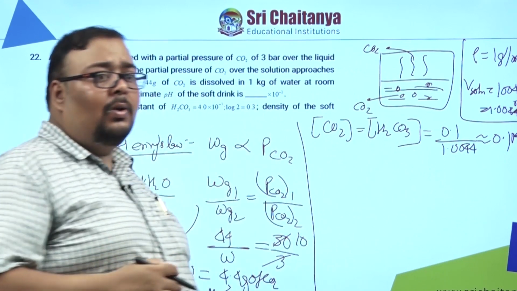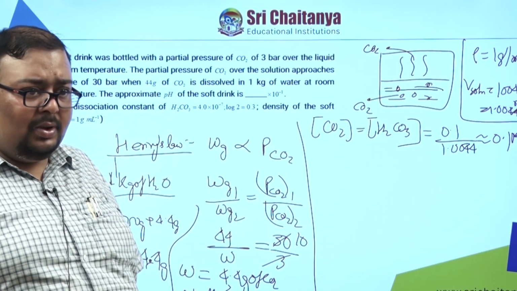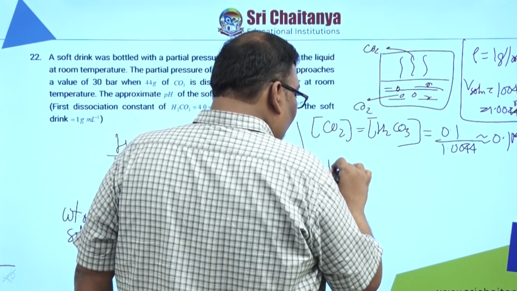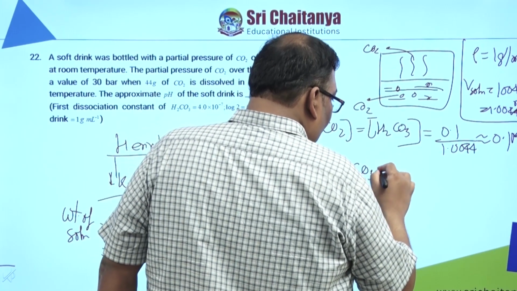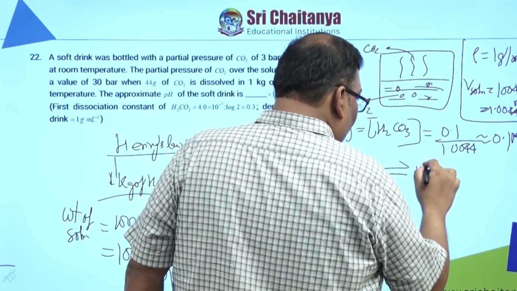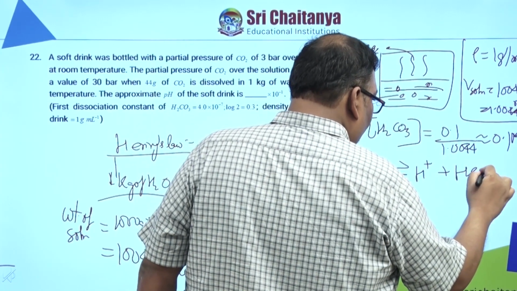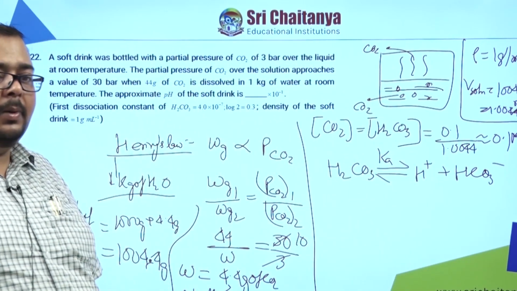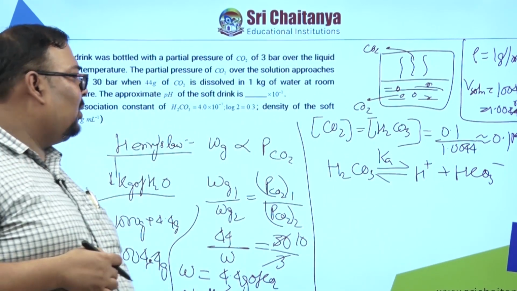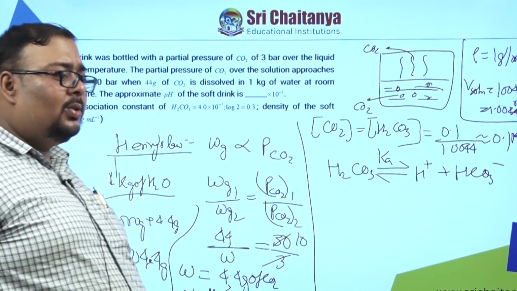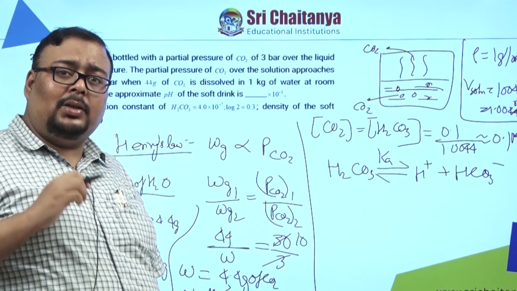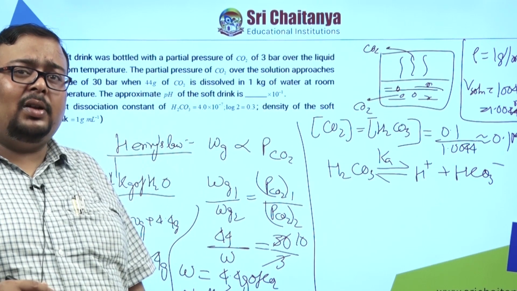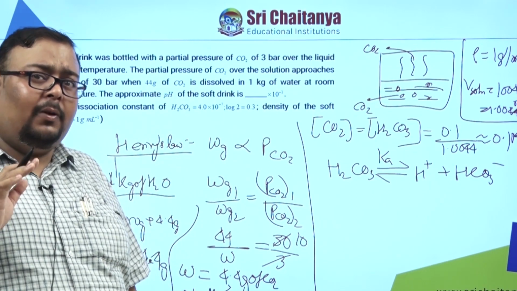Now we know the concentration of the acid H2CO3. In aqueous solution, H2CO3 will dissociate as per this equation: H2CO3 giving H plus and HCO3 minus, and the acid dissociation constant for this step is Ka1. Now it is a polyprotic acid, but they have only given the first dissociation constant, which is very correct, because the rule is that in a polyprotic acid, the H plus concentration is always decided by the first step itself.